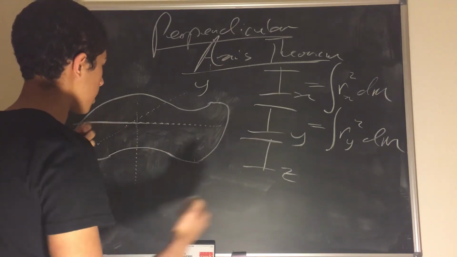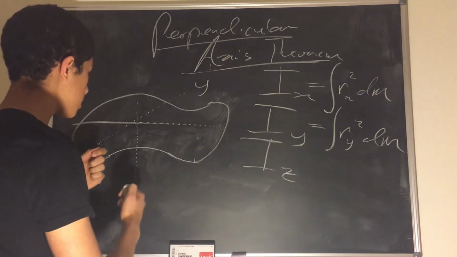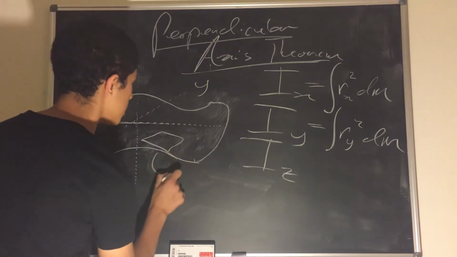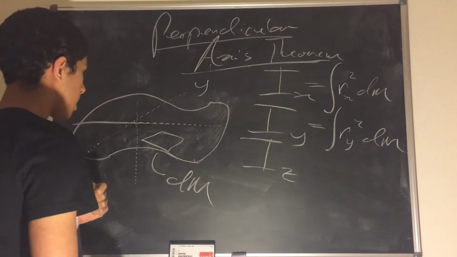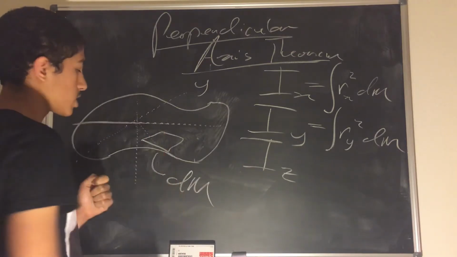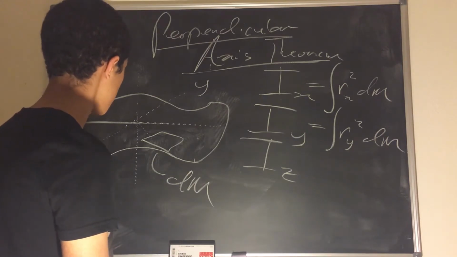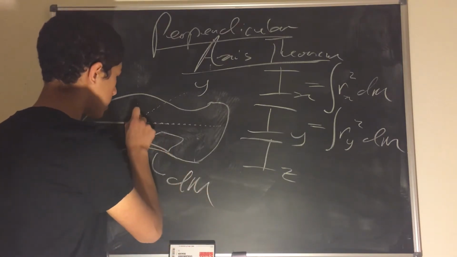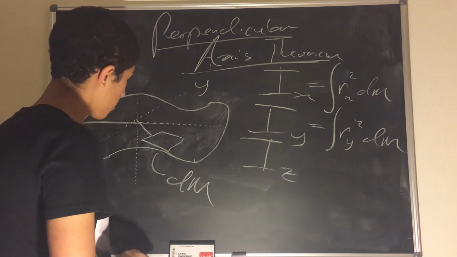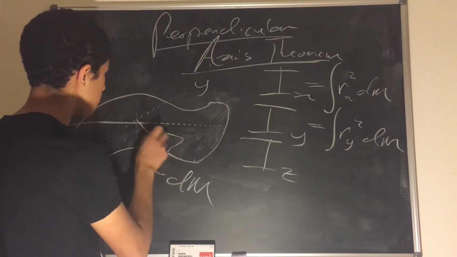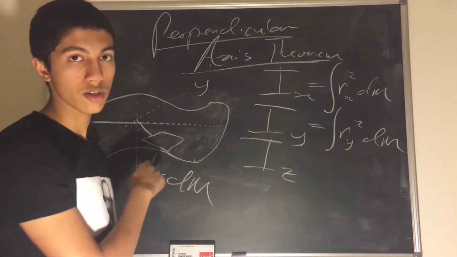It stays in a single plane as it rotates. And given some mass element dm, the radius, which will be constant as it rotates around the z-axis, is given by the distance between dm and the origin.